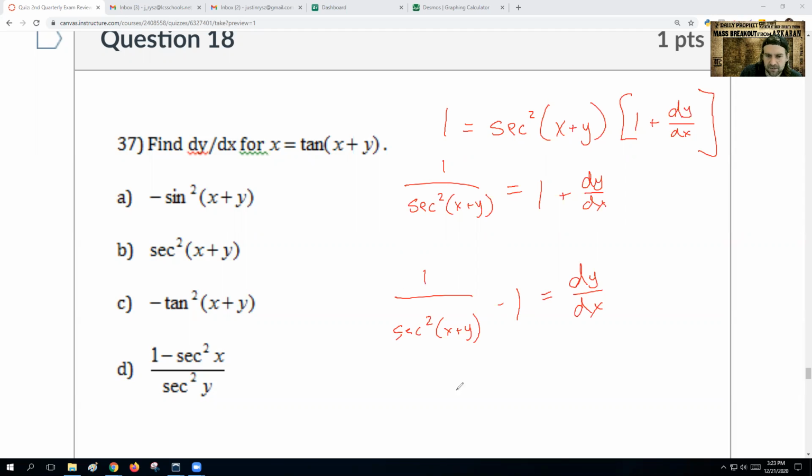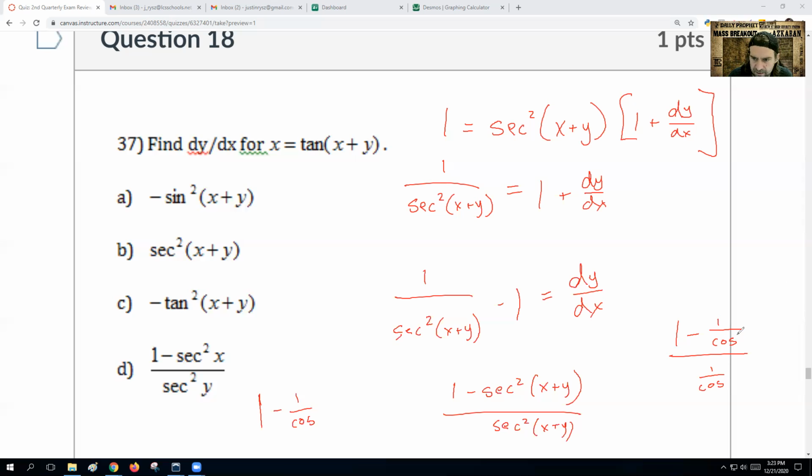If we wanted to get common terms, we'd have to make this 1 minus secant squared of x plus y, over secant squared of x plus y. There's probably a weird trig identity here. Let's see, secant is 1 over cosine. So this is 1 minus 1 over cosine, over 1 over cosine. And so that'd be 1 minus 1 over cosine squared, times cosine squared.